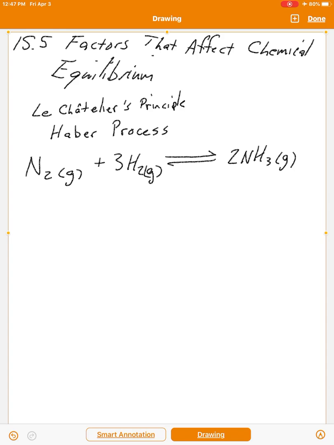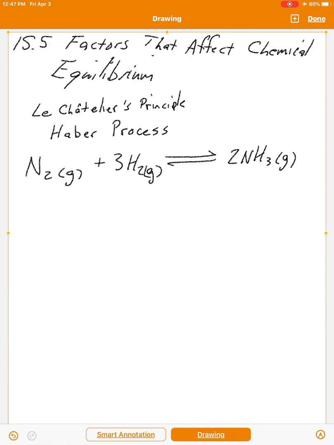It's around 0.3. So you don't really get very much ammonia out of this reaction. Using Le Chatelier's principle, there is a technique you can use to produce more of the ammonia, even at the same temperature. So let me show you a quick calculation that your textbook goes through.